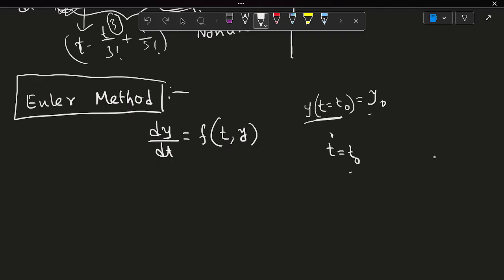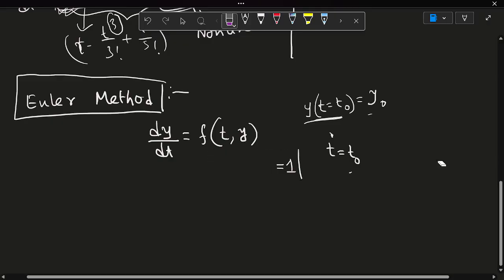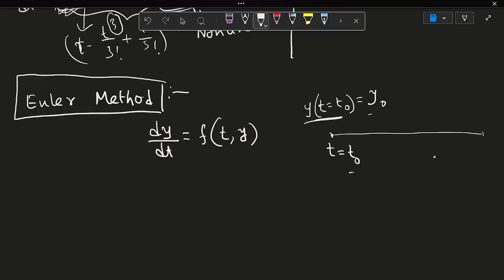For example, at t equal to 0, y is 1. Let me consider this as the initial condition. When I give an example, I will state that, but for now consider this general point. So this is my initial point.